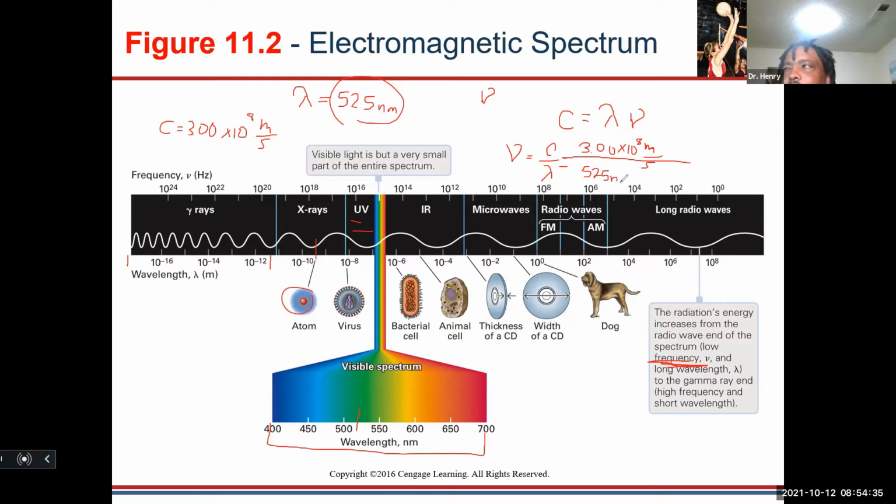But didn't I just say these are in meters per second and these are nanometers? Do those units match, meters and nanometers? Are they the same unit of measurement?